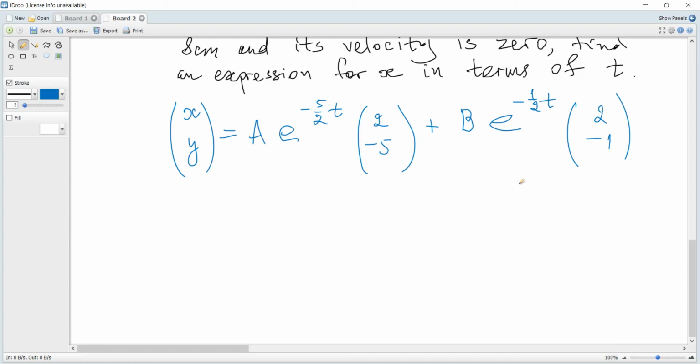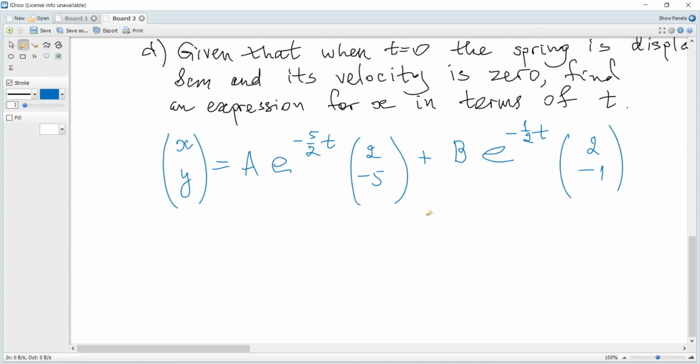That's the general solution, and A and B can be found. To be clearer, we can rewrite it as expressions for x and for y. So x is 2A e to the negative 5 over 2 t plus 2B e to the negative a half t.